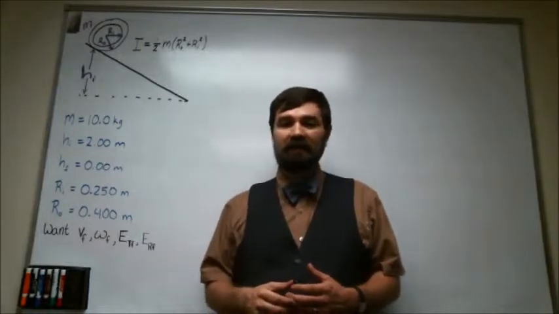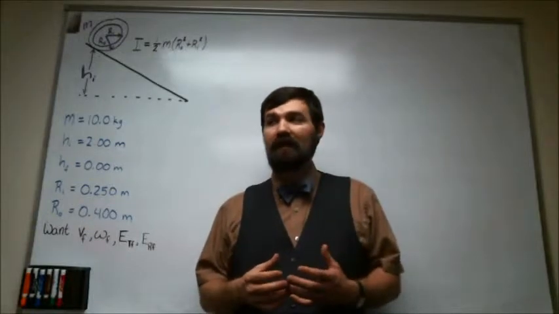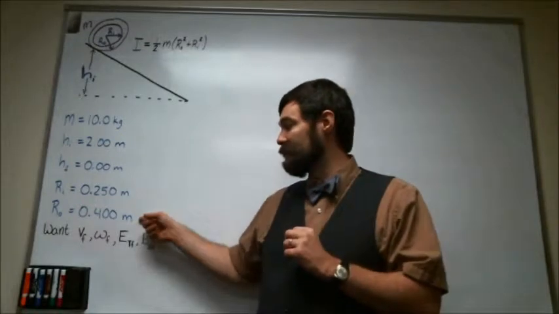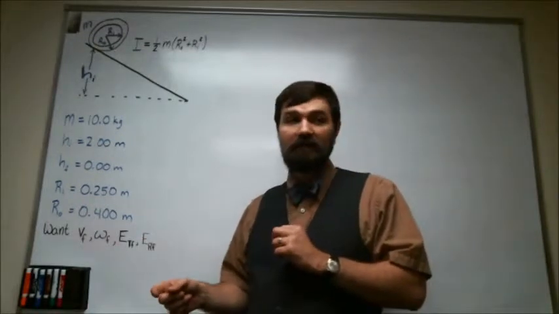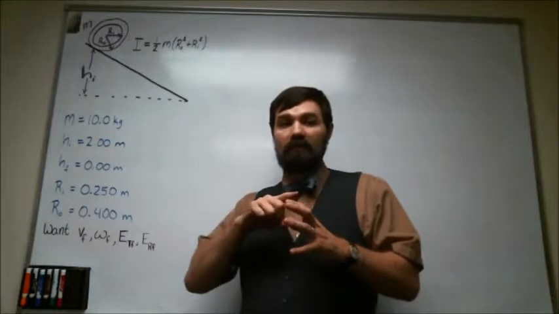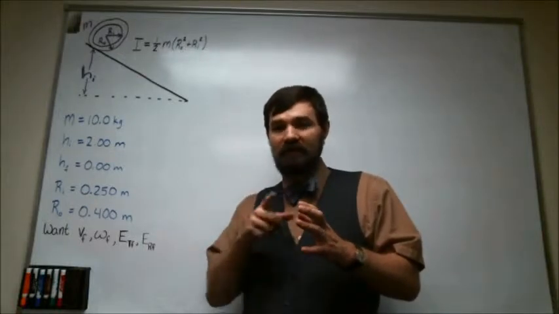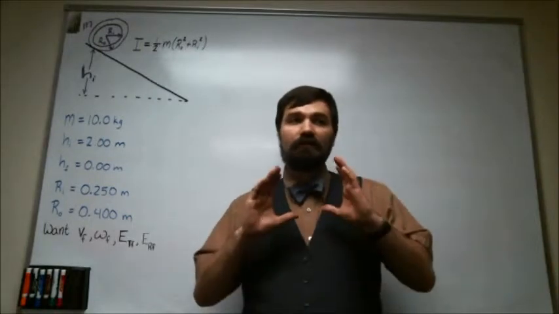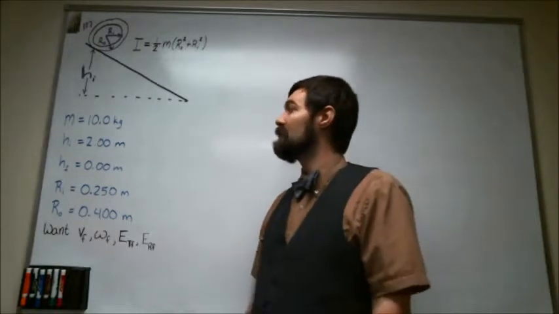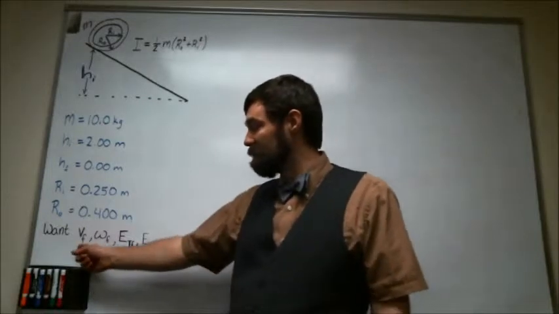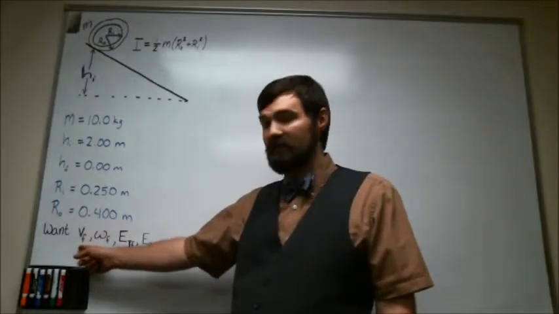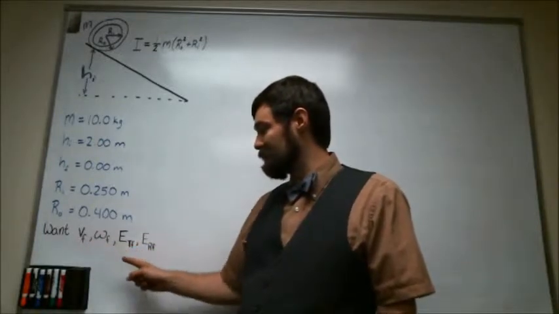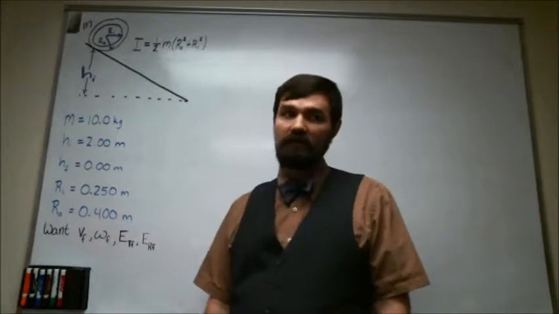What that means basically is that we're modeling the wheel as starting with a solid cylinder of radius 40 centimeters, and then we're drilling a hole through this cylinder where the hole's radius is 25 centimeters, and it's through the middle of this cylinder. And so what we want to know is when it reaches the bottom of the hill, what is its translational speed, what is its rotational speed, what is its translational kinetic energy, and what is its rotational kinetic energy.